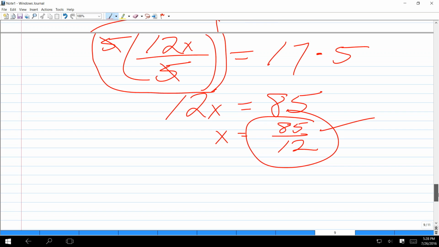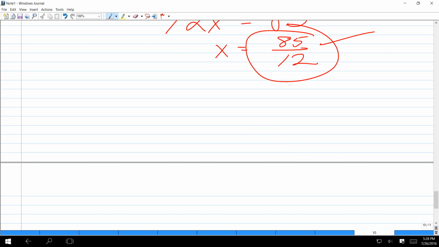In other words, in that one problem where we had, what was it? It was 85 over 12. Okay. This one right here. Well, I know that 85 isn't divisible by 12, first of all. And 12 is only divisible by 6, 2, 3, and 4.